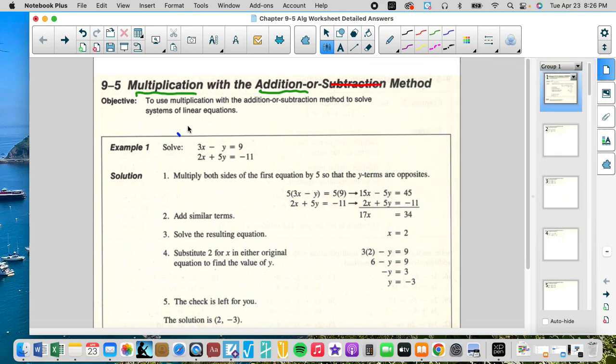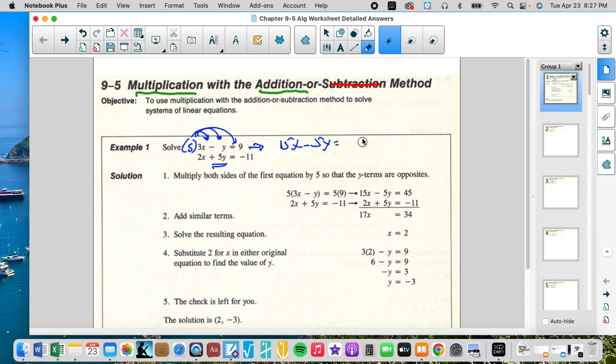We only have to manipulate one of the equations. And so we can just multiply the top equation by 5, which would produce 15x minus 5y equals 45. We have to remember to distribute it to each of the three pieces, and that would cancel out the y's.